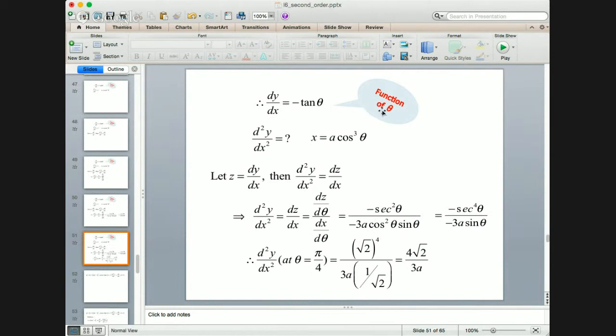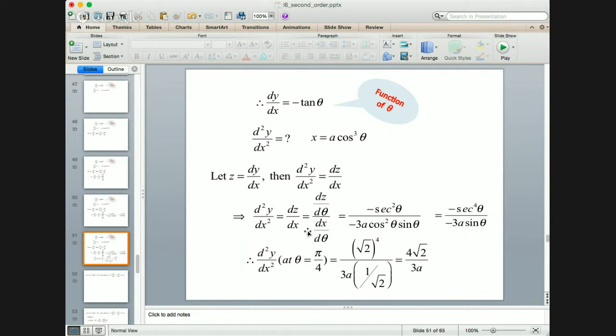dy by dx was a function of theta. So in order to find the second order derivative, if I take this dy by dx to be, say, a function called z, then I have to find the derivative of z with respect to x, but x is a function of theta.